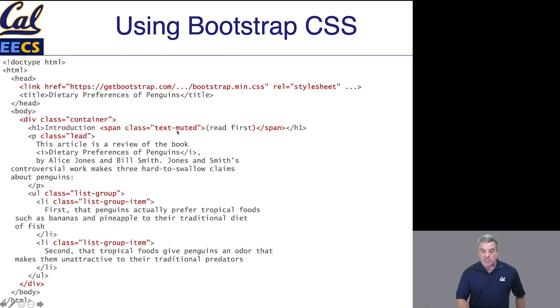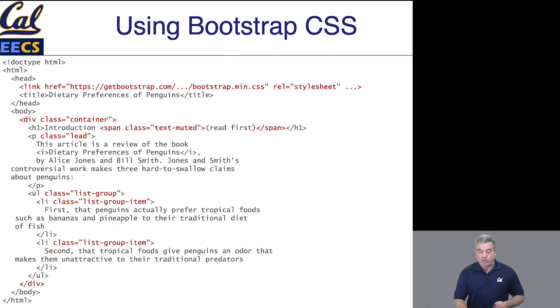This class for text muted means that the text will be displayed in a slightly more conservative font, maybe not as bright. Class equals lead is a type of paragraph that Bootstrap will put in a slightly larger, more prominent font, because it's a lead paragraph, like the opening of a story. And it's even got some simple styling rules that you can attach to bulleted lists.